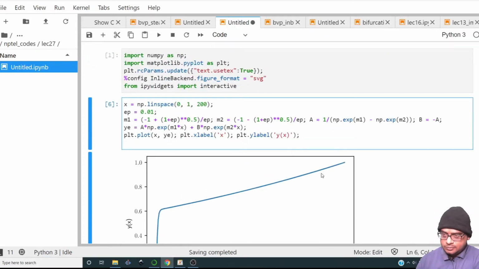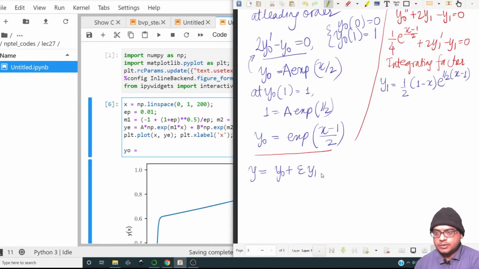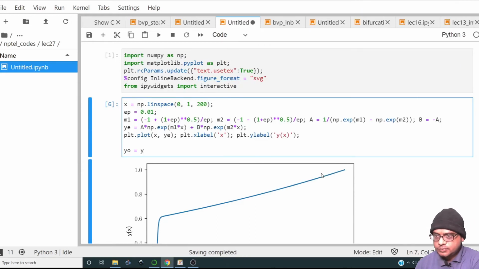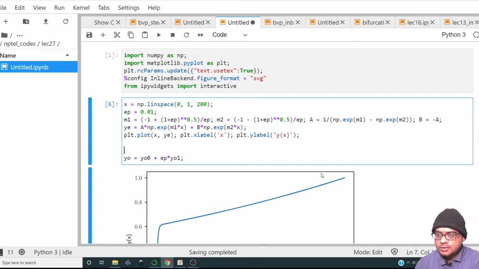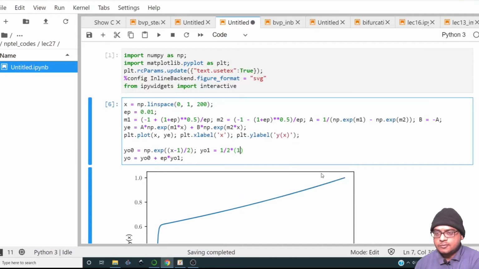So let me write down y outer equal to yo0 plus epsilon times yo1. yo0 is exponential of (x minus 1) by 2, and yo1 is equal to half times (1 minus x) times exponential of (x minus 1) by 2.